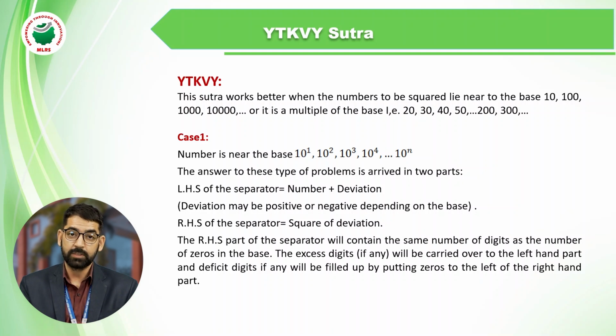So if the base is 10, the right hand side of the number should contain only one digit. If the base is 100, the RHS part of the separator should contain 2 digits. If it is 3, we have to add one of the digits to the left side. So when we go through the examples, we will understand it specifically.